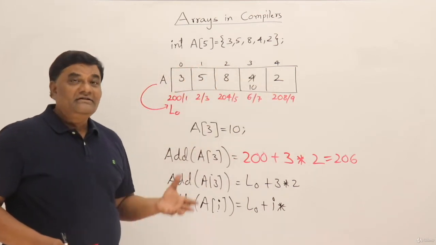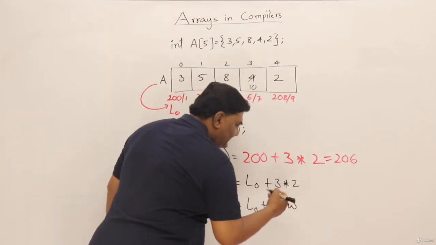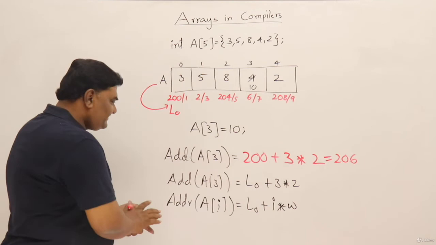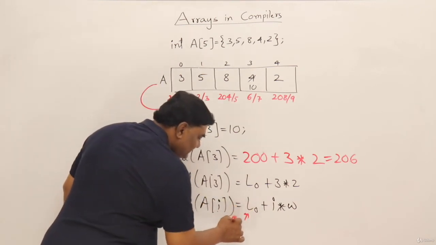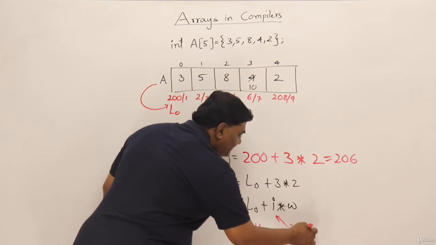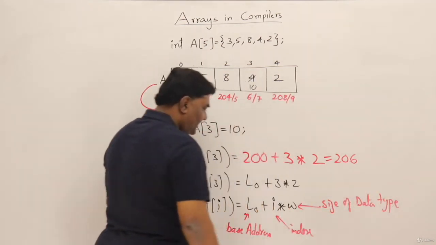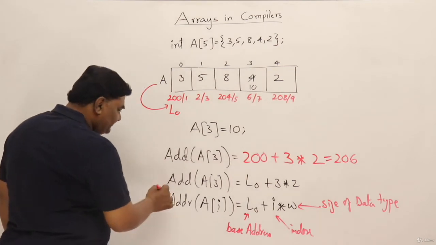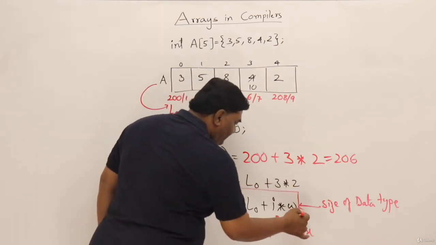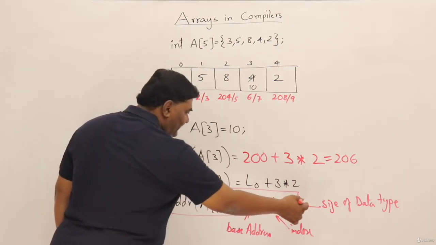So I have to take the size of the data type, and we use a variable for that, W. So this is the base address, this is the index, and this is the size of the data type. This is the formula used by the compiler for converting any index to an address.